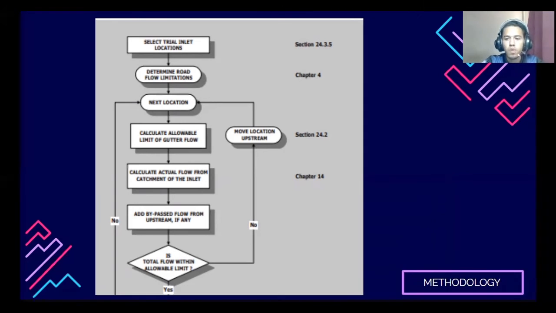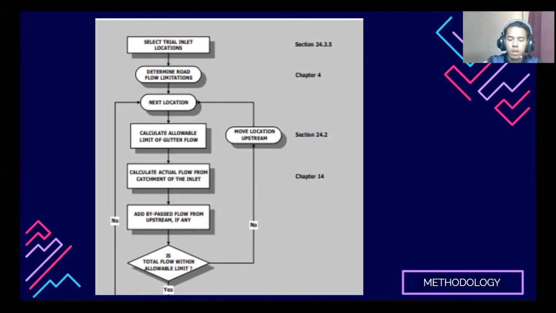After a few concepts and criteria, such as the allowable limit of gutter flow, the actual flow from the catchment of the inlet, and also the bypass flow from upstream to downstream, we need to determine whether it is allowable or not within the total flow limit.